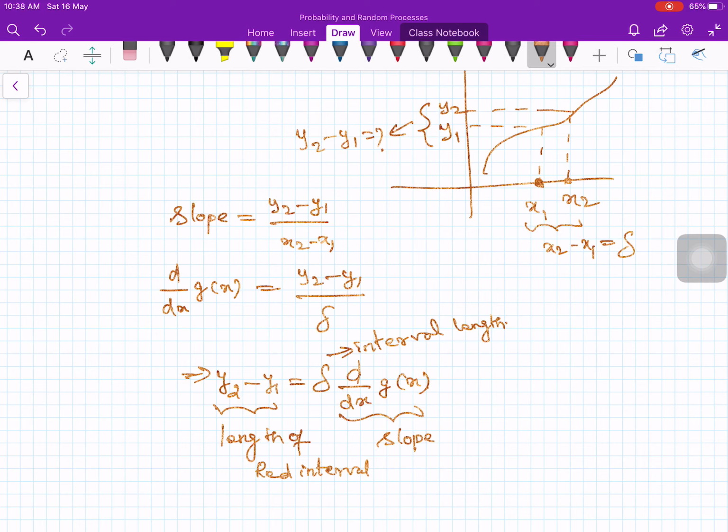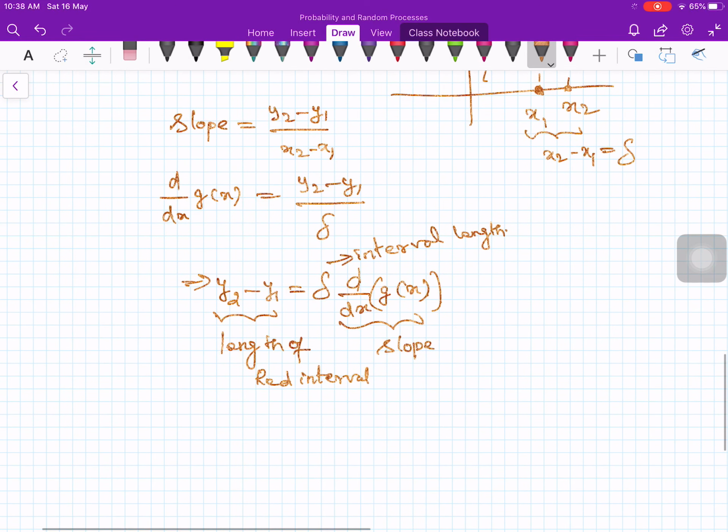That is why we have written dy by dx, the derivative of g of x. The slope tells you how big your y interval is. Let me write it like this: y2 minus y1 equals delta times slope. Now if the slope is more, then this interval length is also more. So the slope tells you how big the y interval is.